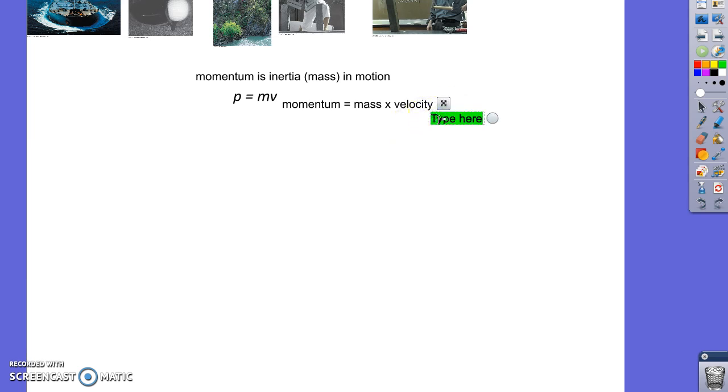And so why the letter p? Are they just trying to be difficult or what? Basically, p comes from the Latin word. This originally was called impetus. In fact, I believe Newton, when he was talking about some of his laws, called it impetus. If you have no impetus to get out of bed, that means there's no motivating force to get you out of bed. And so they used to call momentum that.